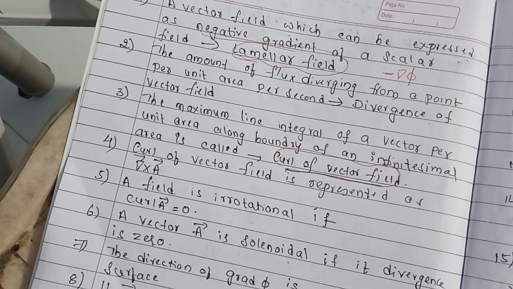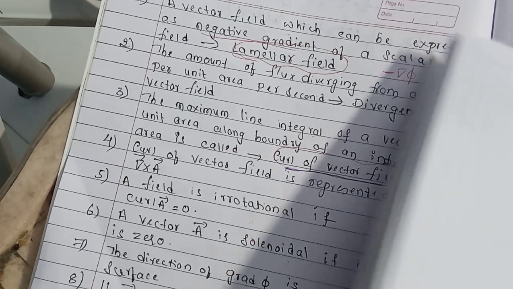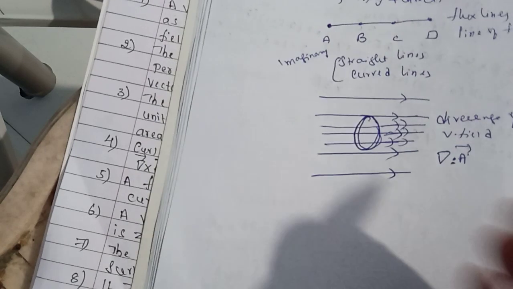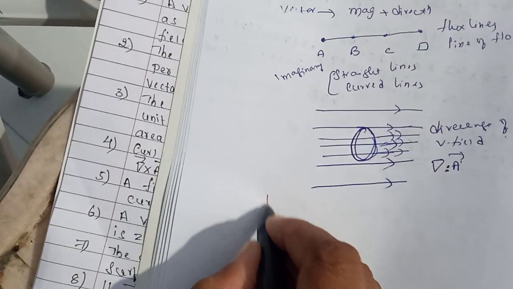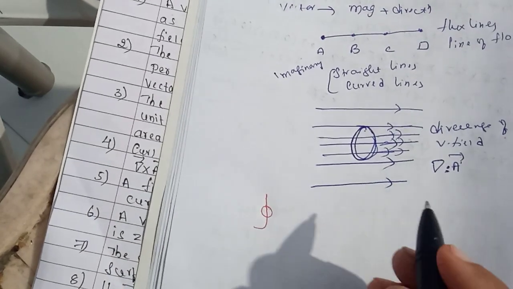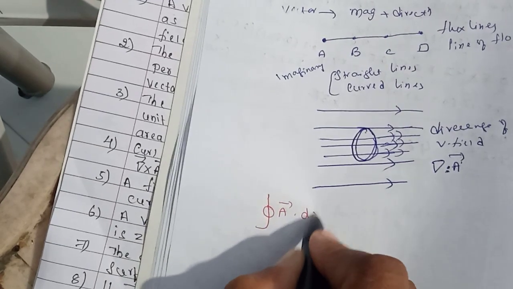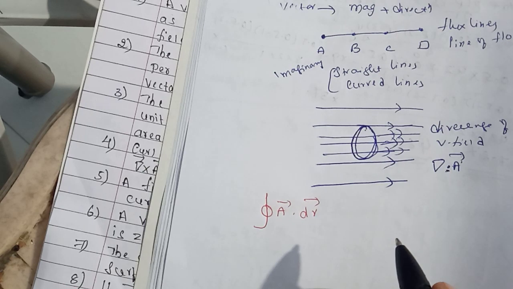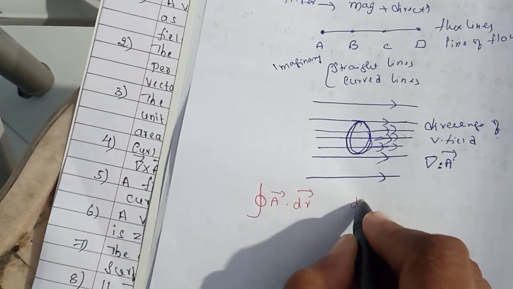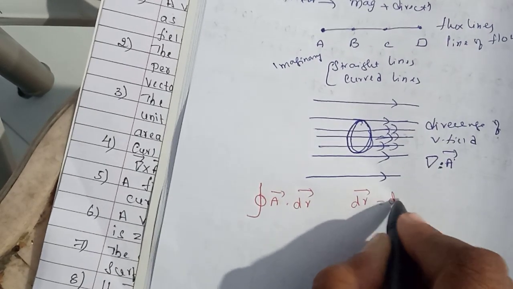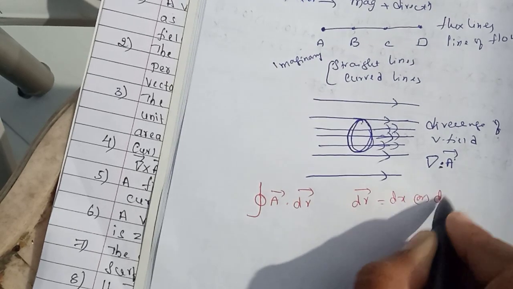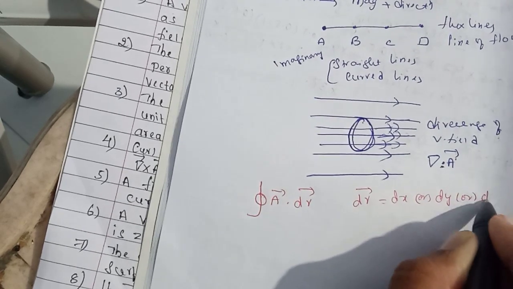If we take a line integral along that area, then we call it curl of vector field. So do you know what the line integrals are? If A is the vector, we write it as A dot dr, where dr may be dx or dy or dz.